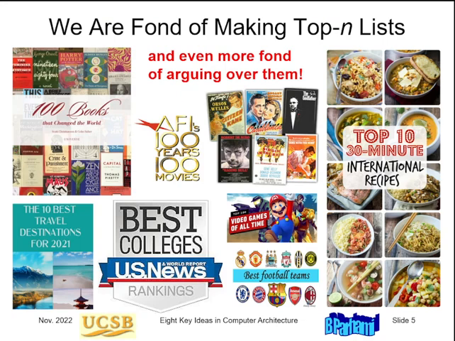Now, we are all fond of making top N lists. In particular, top 10 lists are very popular here in the United States. And people like to indicate their preferences for movies, books, recipes, sports teams, colleges. So one of the things we have here in the US is an annual list of the best colleges.